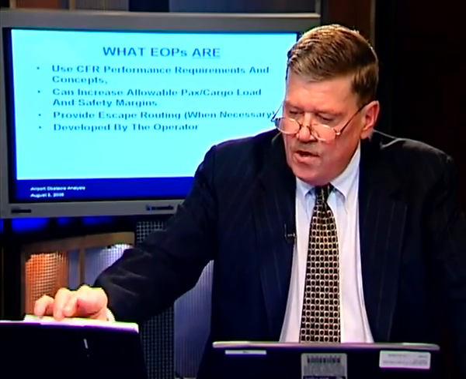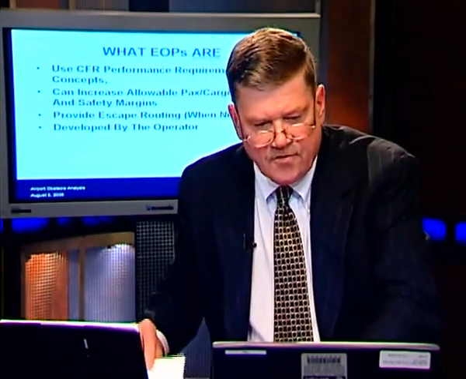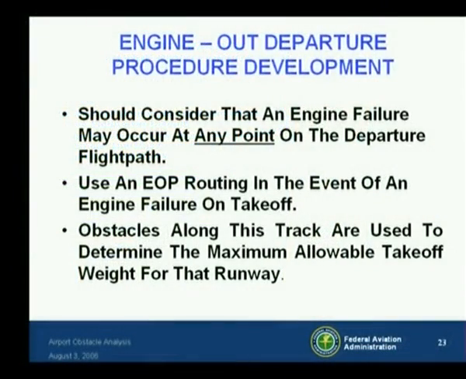So let's see what goes into the development of an engine-out procedure process. First, in order for the operator to determine that a departure maintains the necessary obstacle clearance with an engine failure, the operator should consider that an engine failure may occur at any point on a departure flight path. Very important.